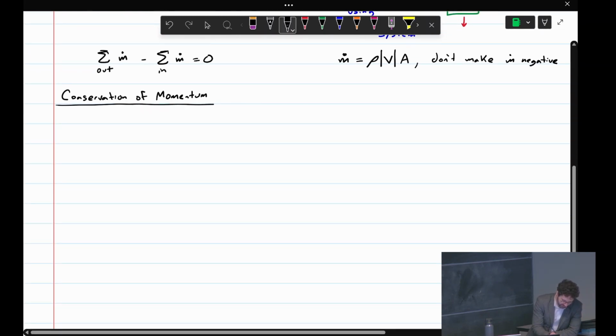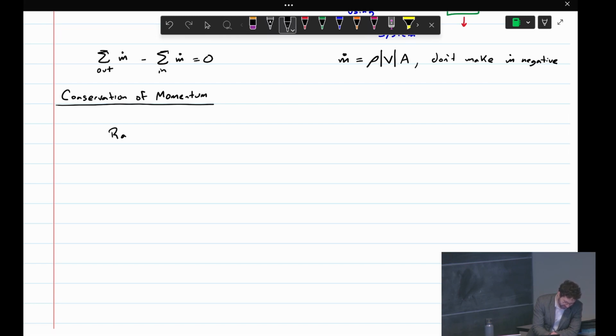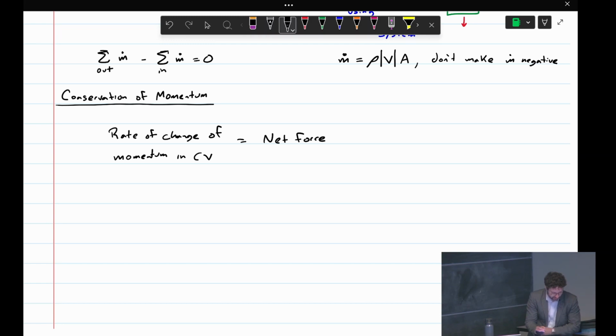The word relation for conservation of momentum is that the rate of change of momentum in our control volume is equal to the net force. So that's Newton's second law.